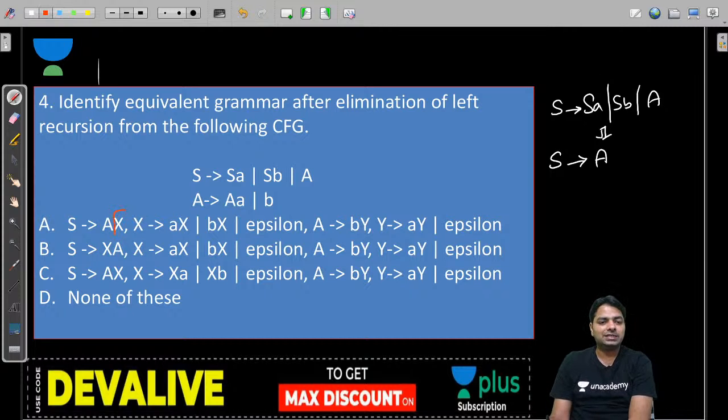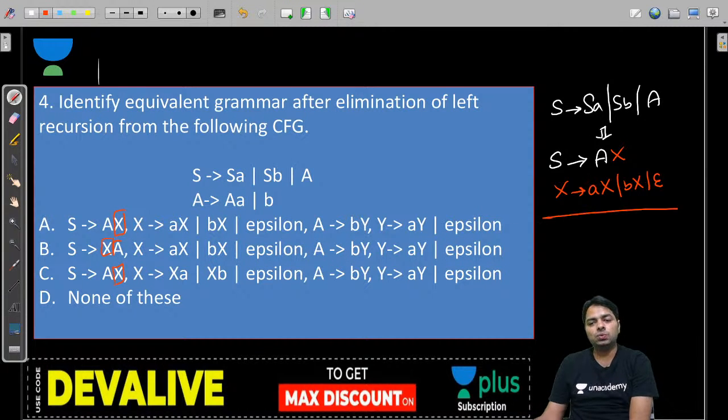Okay, we have X here. So better to choose X rather than S dash. So I am going to choose X, and X is going to do the right recursion, which is going to match here. If you look at option A and option C, they look matching. Now you have to look at what happens to the capital A productions.